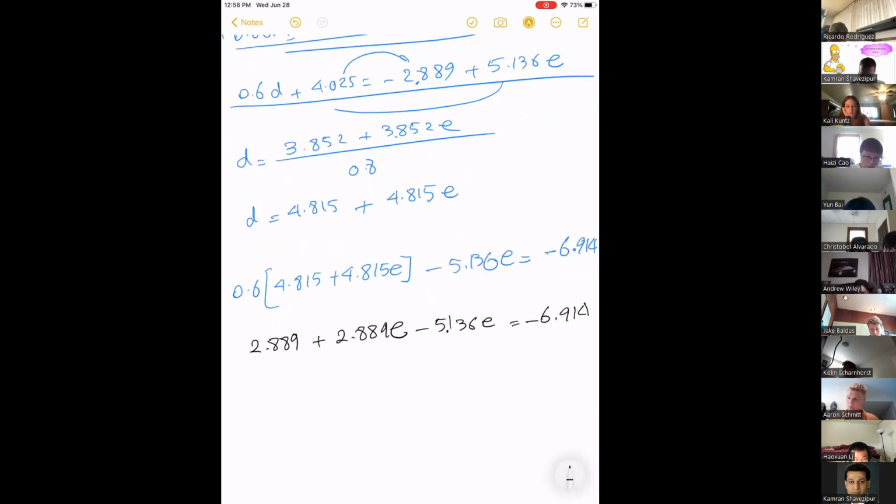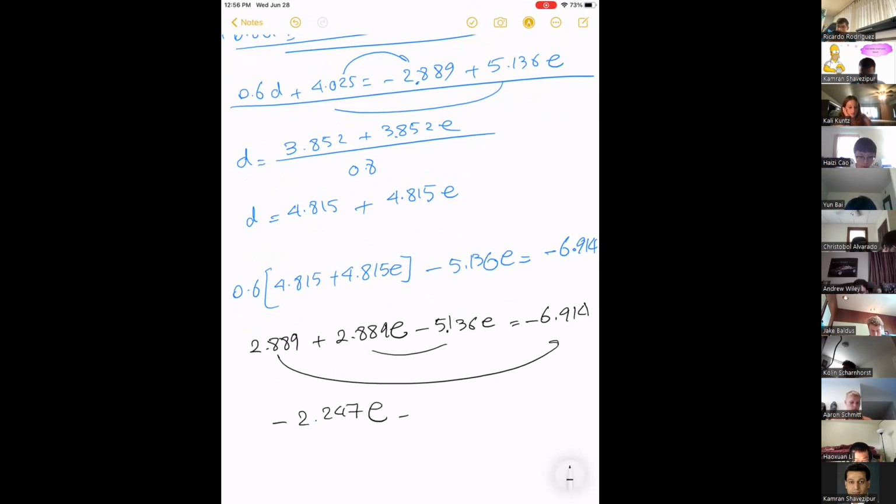So this goes there, becomes negative. This 2 minus 5.136. You're going to get minus 2.247.